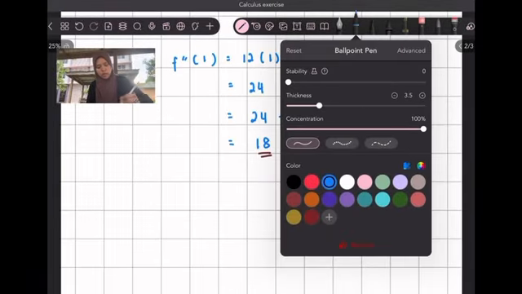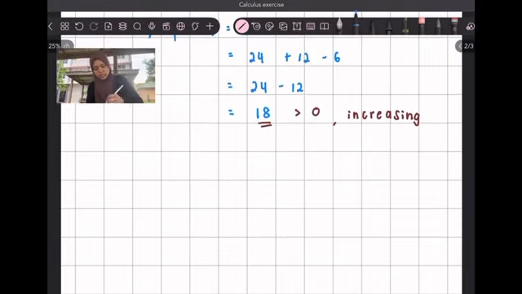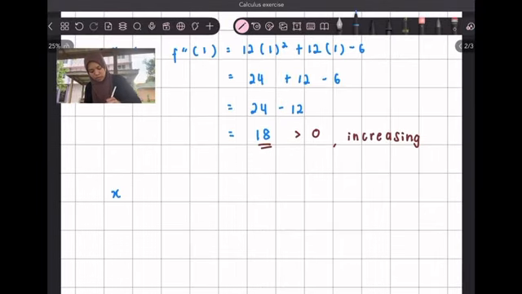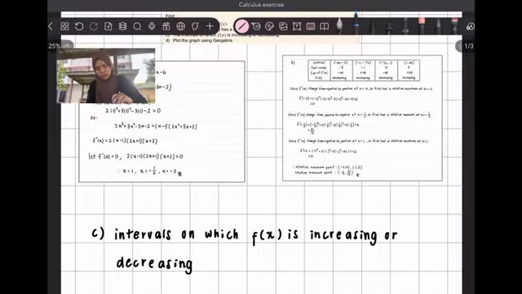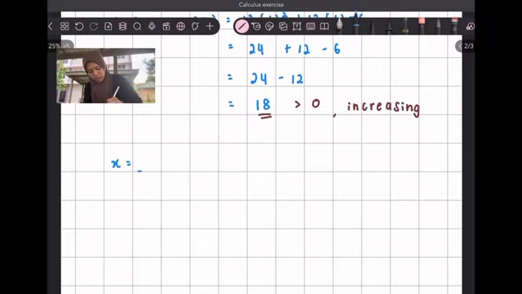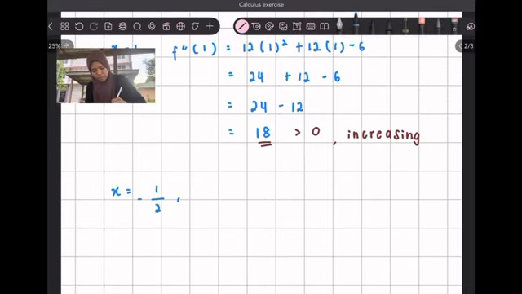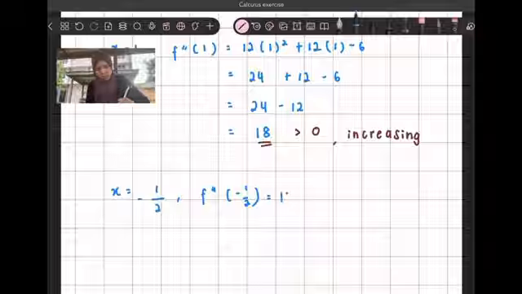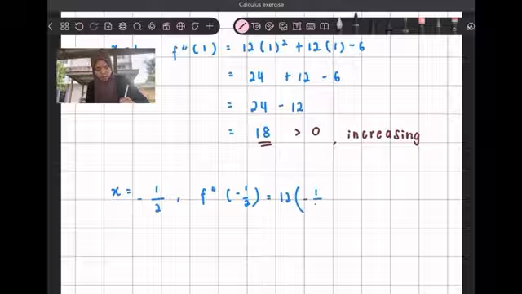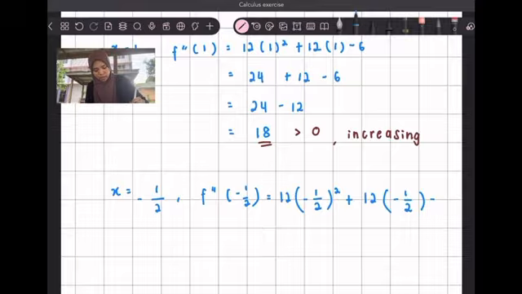Next, we will try the critical number x equal to negative 1 over 2. So 12 times (negative 1 over 2) squared plus 12 times (negative 1 over 2) minus 6.